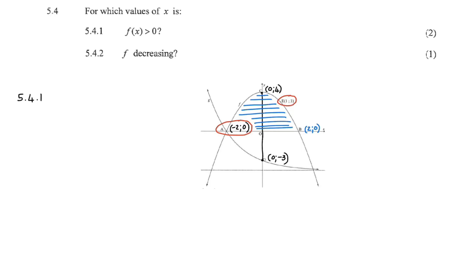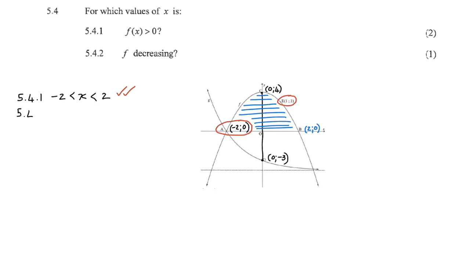So the x-intercepts of f of x are x equals negative 2 and x equals 2. So f of x is greater than 0 between these two intercepts. So you will get 1 mark for identifying the critical values negative 2 and 2, and you will get 1 mark for writing the correct range.